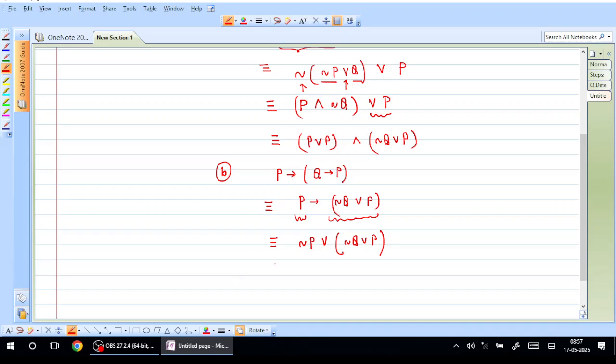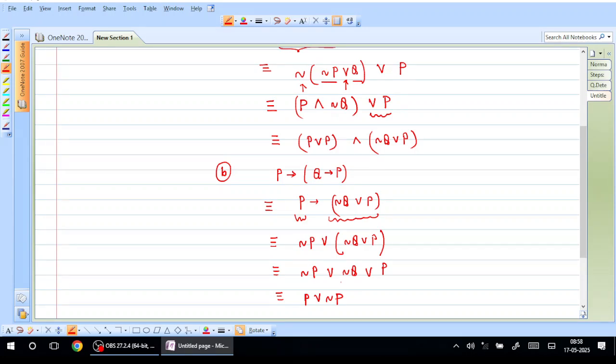Because everywhere is join, it is negation of P join negation of Q join P, and you can see here what will remain in the picture: P join negation of P.